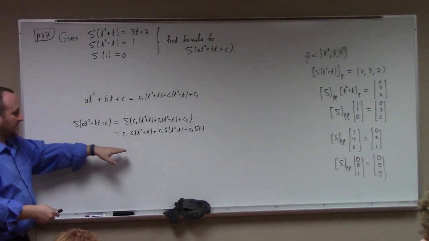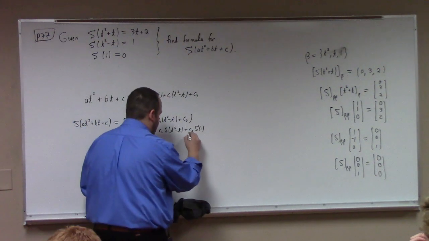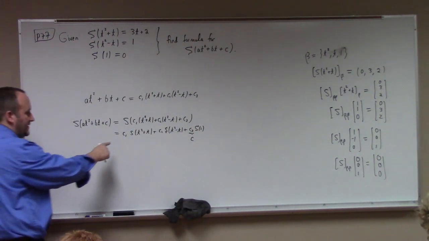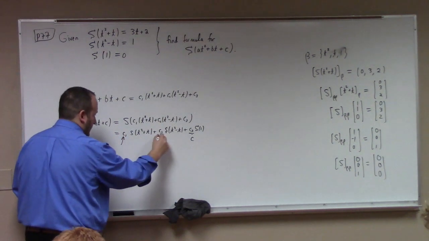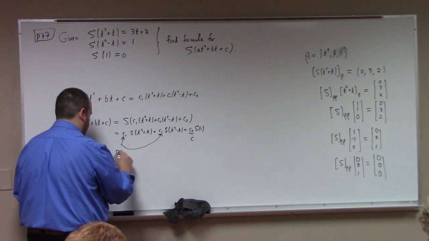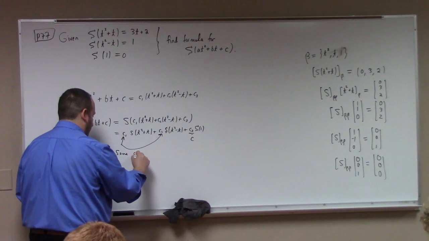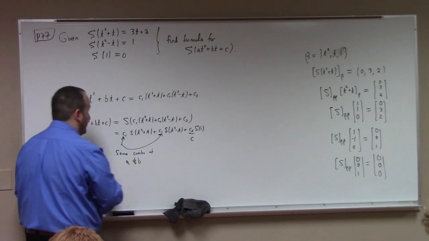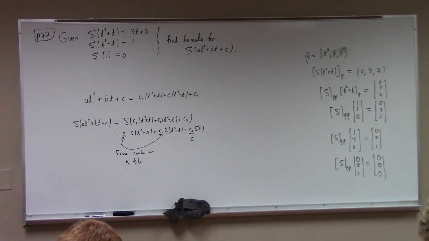This would be c, and both of these will be some combination of a and b, relatively uncomplicated combinations of a and b. And then that would be a formula for S of at squared plus bt plus c.